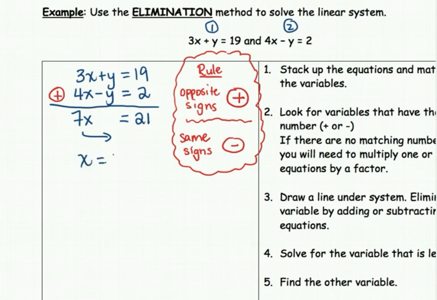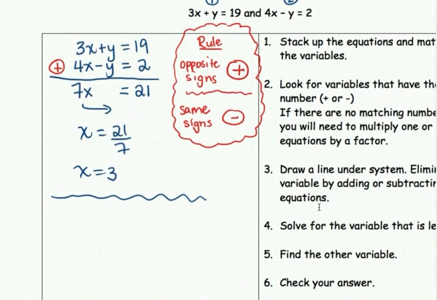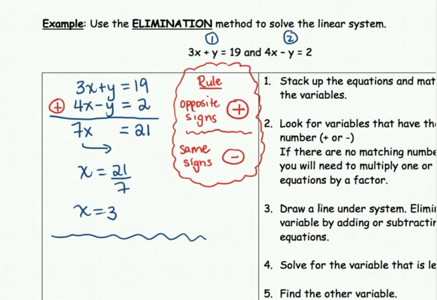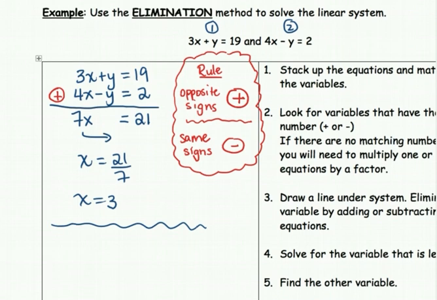It was multiplied, so I'm going to divide it away. X equals 3. And when you're done, I have the step-by-step rules here on the right so that you can follow and double check your work. All right, so we'll keep going here.